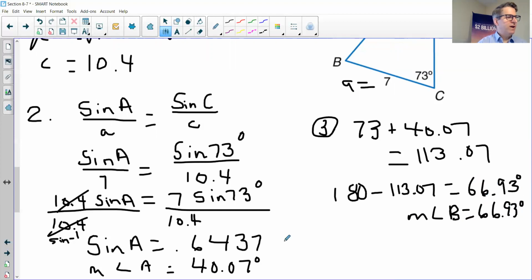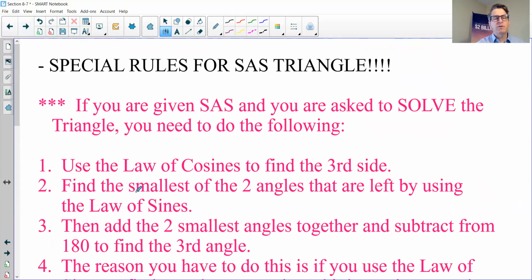So these first two examples, you were given angle, side, angle. They're the same format. Basically, you go off of this special rule: use the law of cosines first to find the third side.